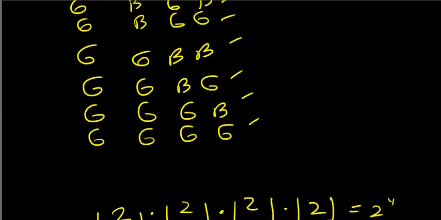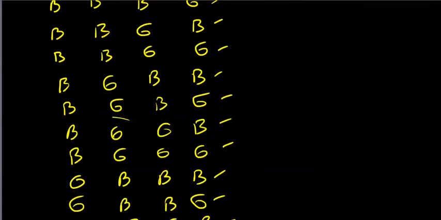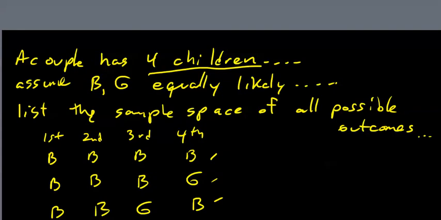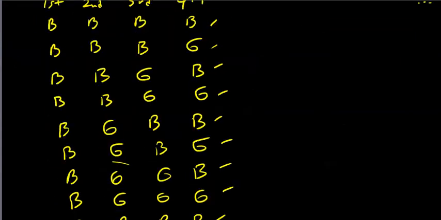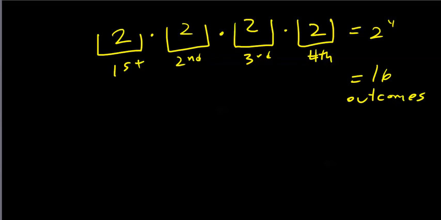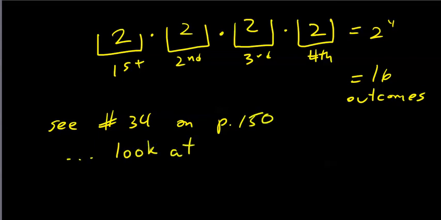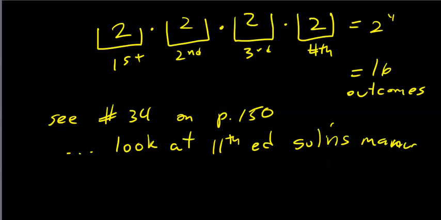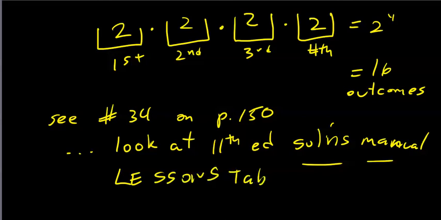And you can use this list to answer the questions regarding number 34 on page 150 in your text. It's in your homework assignment, and please take a look at your 11th edition solutions manual, posted on the Lessons tab, of course, on Angel for this course.